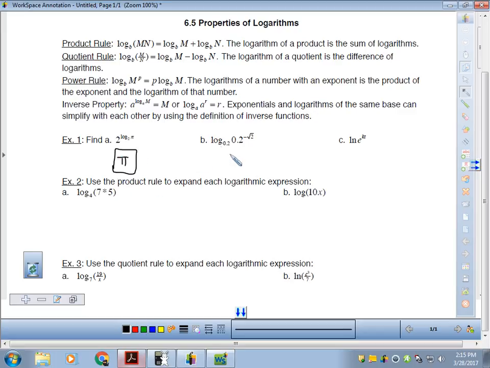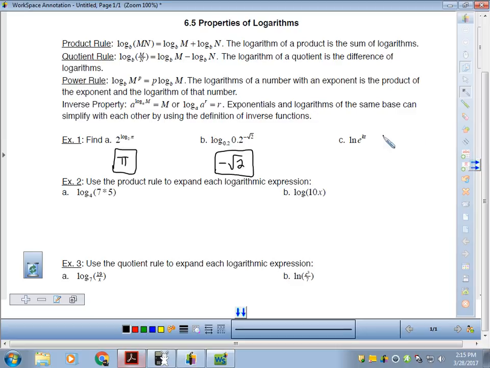Over here, log base 0.2 of 0.2 raised to the negative square root of 2 power. So this is a logarithm with a base of 0.2 and an exponential with a base of 0.2. So those will cancel out, and all we'll have left is negative square root of 2. Over here, ln of e raised to the kt.